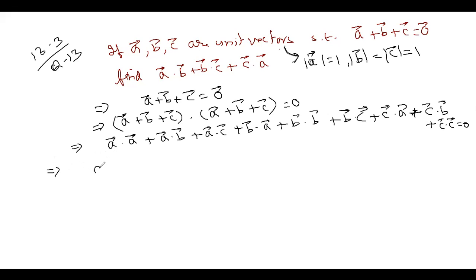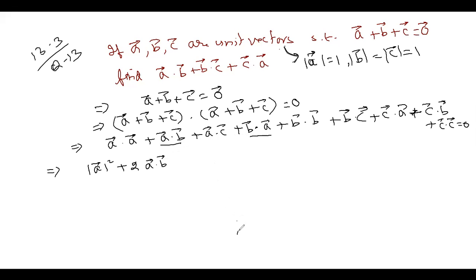They are unit vectors. A dot A means magnitude of A squared. Plus A dot B and B dot A, so we can write 2 times A dot B because the dot product is commutative.